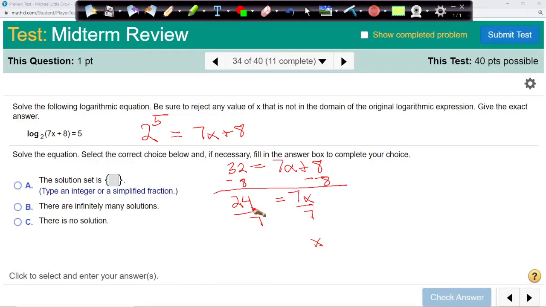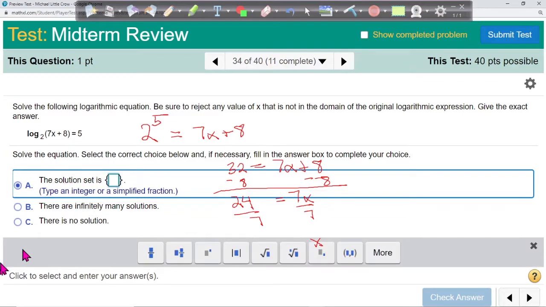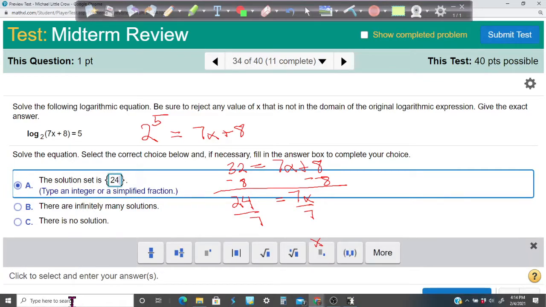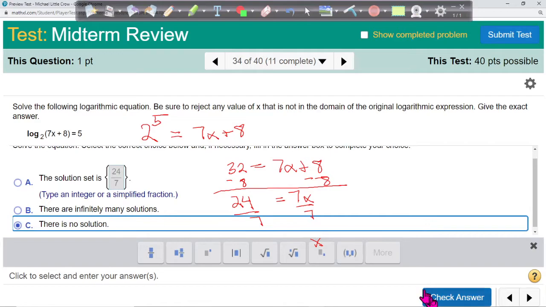So x is equal to 24/7. As an integer or a simplified fraction. Yeah, that's all we can do there. 24 is not divisible by 7. 28 is, but not 24. 24 divided by 7. If I did that right.